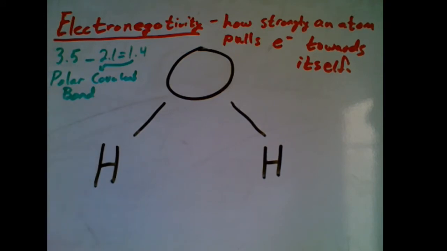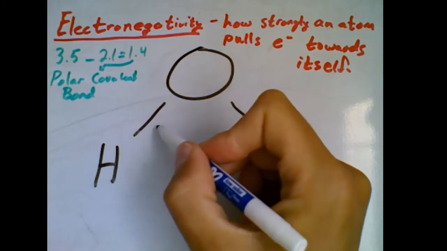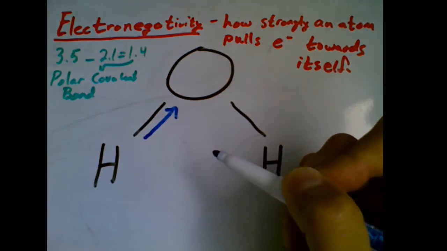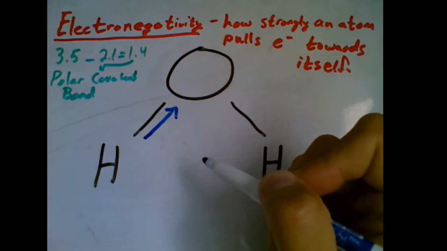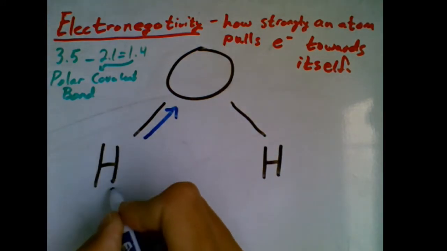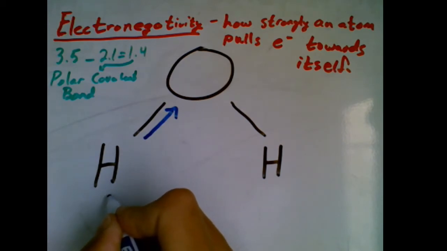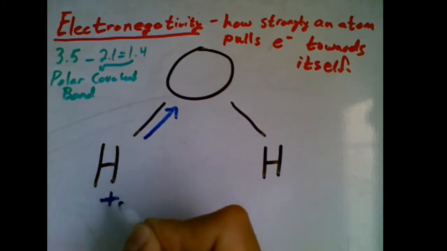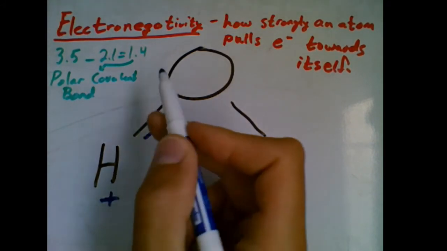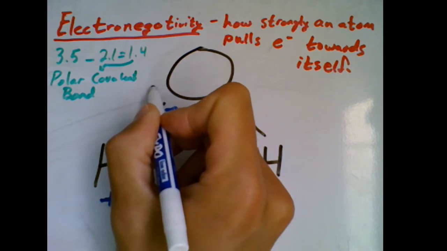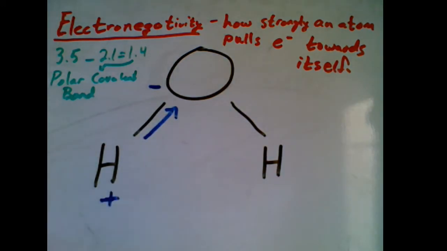Since oxygen wants the electrons more, along this bond, the oxygen is actually going to pull electrons towards itself. And the hydrogen is then going to get just a tiny positive charge. The oxygen has essentially kind of gained an electron, not fully, but kind of. And so it has an extra electron hanging around it.